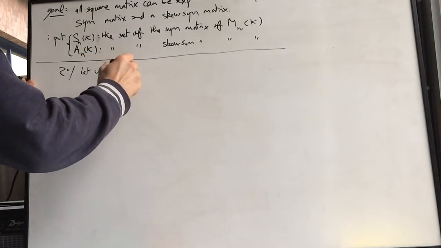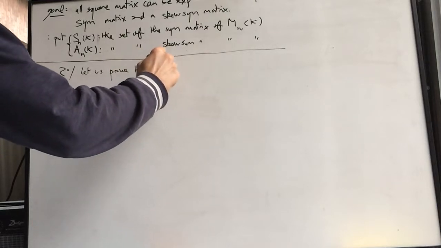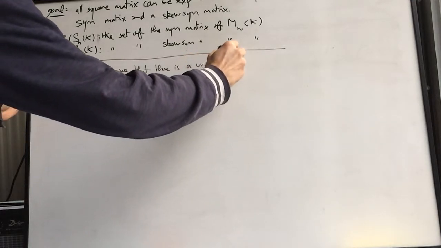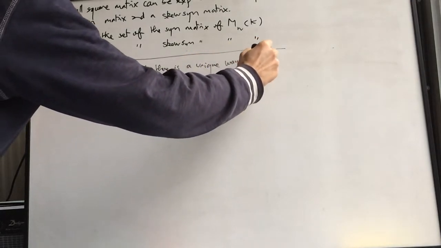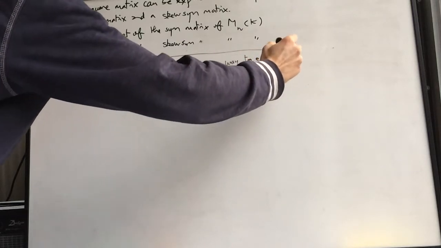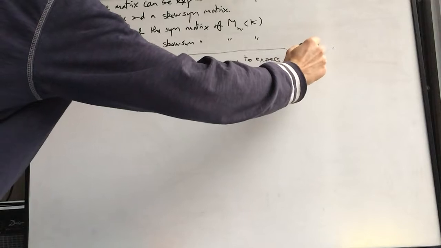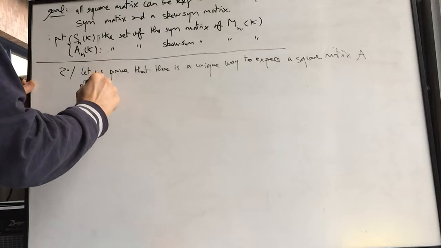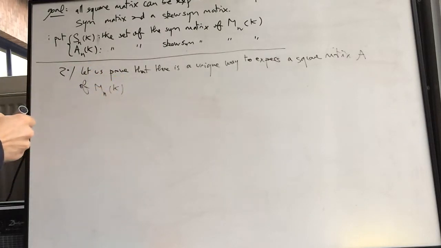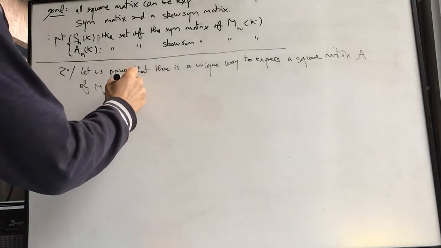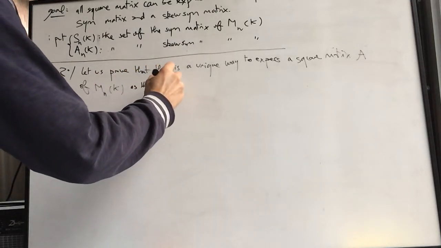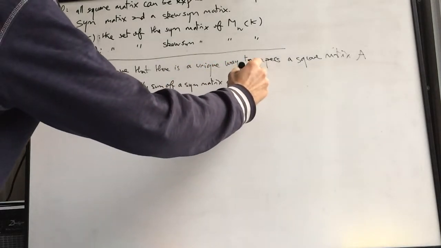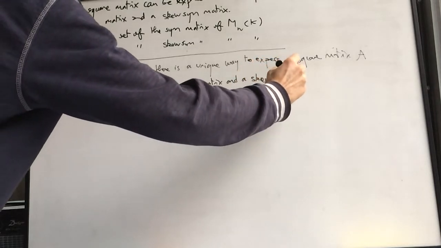Let's prove that there is a unique way to express a square matrix A of M sub n of k as the sum of a symmetric matrix and a skew symmetric matrix.